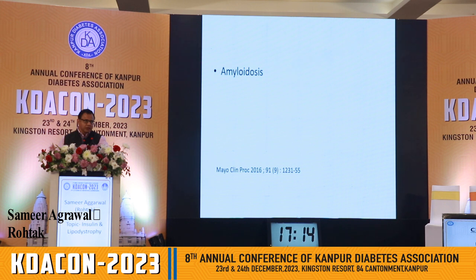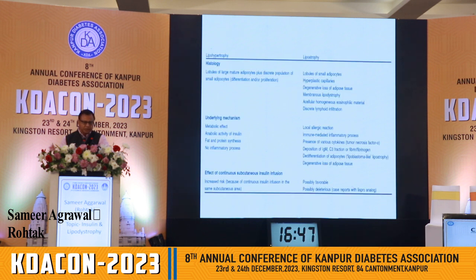Short of a histopath diagnosis, you cannot make the diagnosis, but in histopath you sometimes see birefringent crystals. Surgical removal is the only therapy if there is a localized thickening. It just mimics lipohypertrophy, but it's not lipohypertrophy. In fact, it's a local amyloidosis. So these are the three mentioned in the literature: lipohypertrophy, lipoatrophy, and amyloidosis.